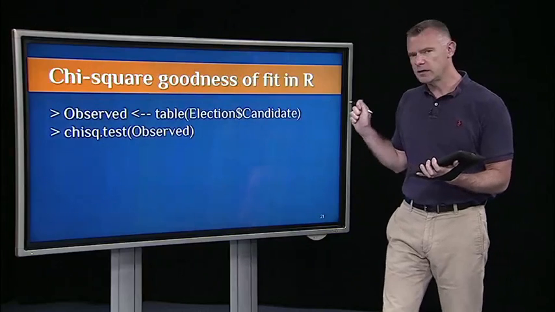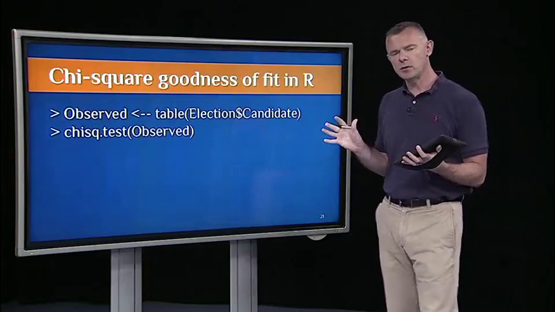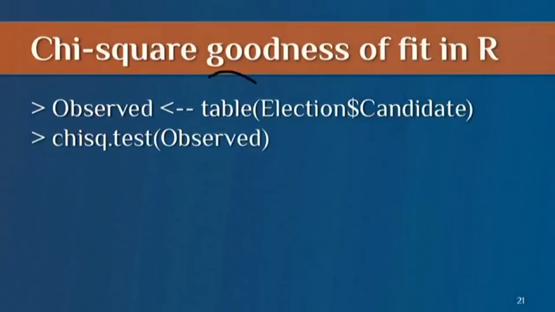In order to do this in R, to get the chi-square tests, we have to put those results into a table. The way to do that is through the table function. My data frame was called election, and what I want to table are the candidate choices.